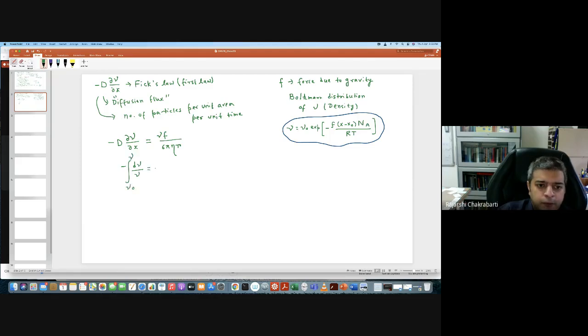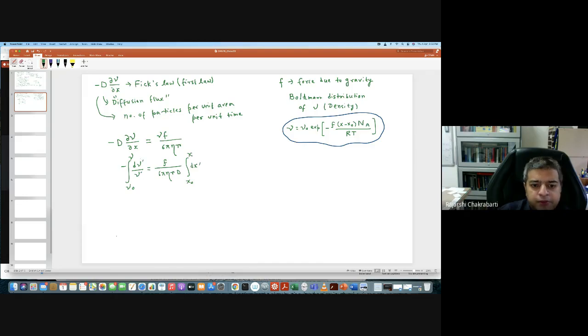On the other side, I have taken f, and nu on the other side, 6 pi eta r into dx, and dx varies from x0 to x.